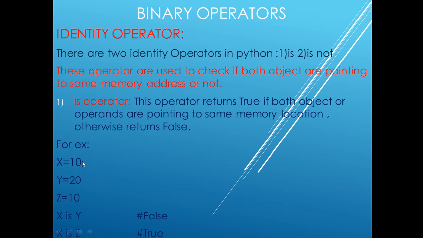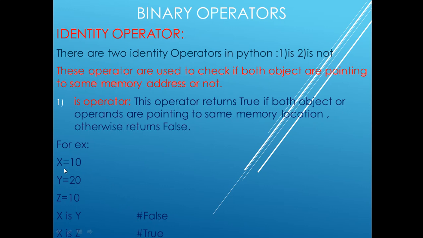As you can see, x value is 10, y value is 20. So here both the objects are not pointing to the same location. One is pointing to 10 and one is pointing to 20. So both are different locations, that is why it will return false.